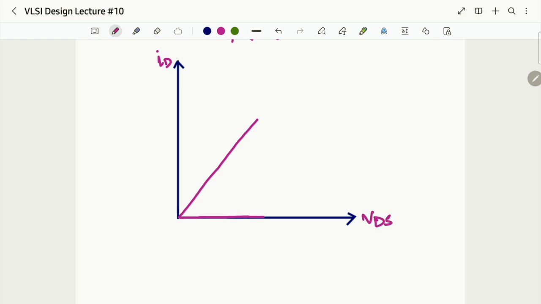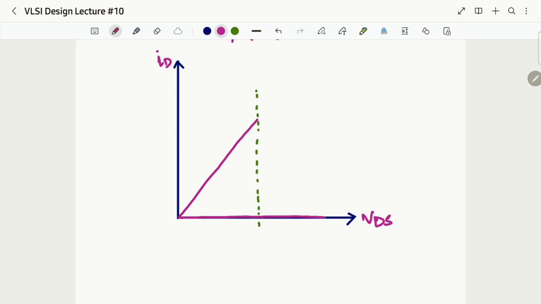I'll just drop a marker over here to show that from this point onwards I will show what happens to the graph when VDS is increased beyond a certain point.